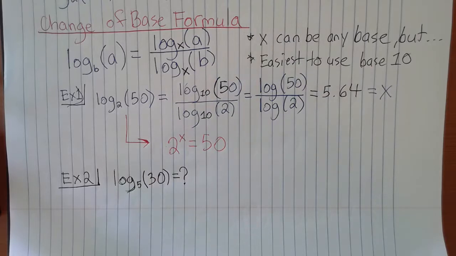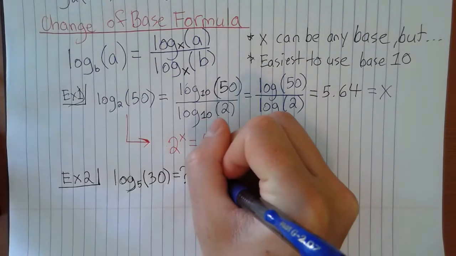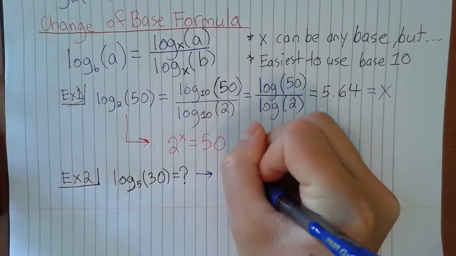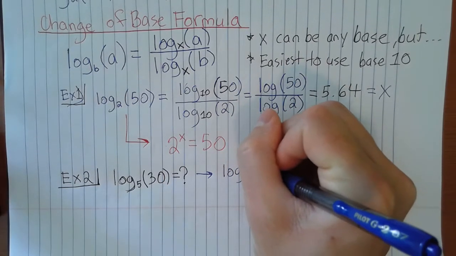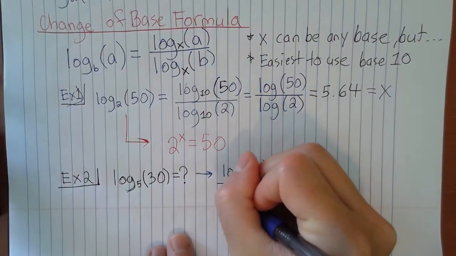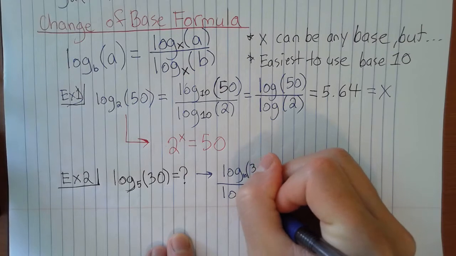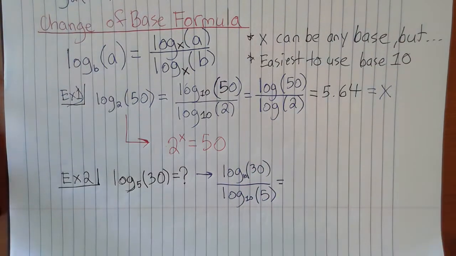In our second example, we are asked to evaluate log base 5 of 30. We would first want to write that with the change of base, so we would write it as log base 10 of 30 divided by log base 10 of 5 first.